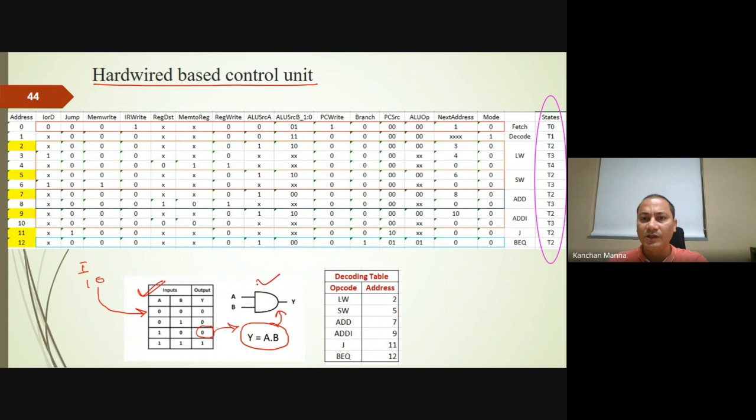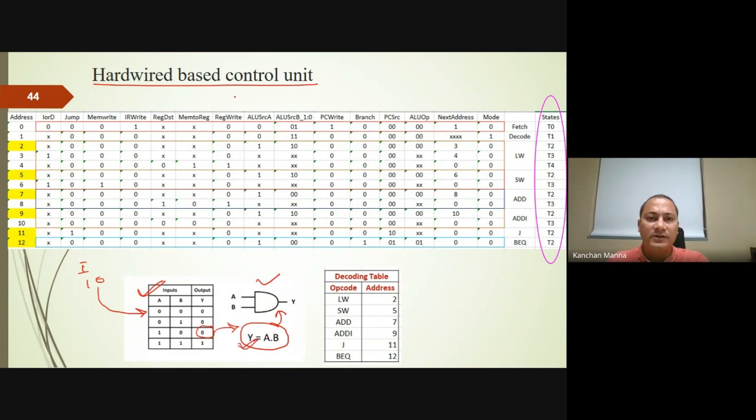So if we want to generate the control signal using hardware, what could be the approach? We are trying to find the relation between input and output, and that way we have written this logical expression.